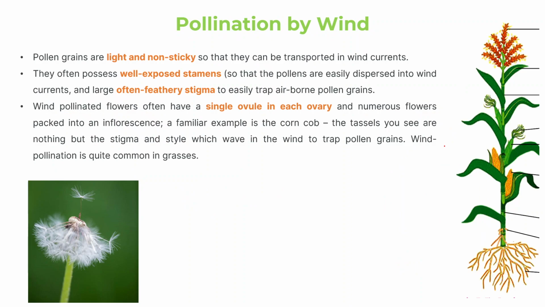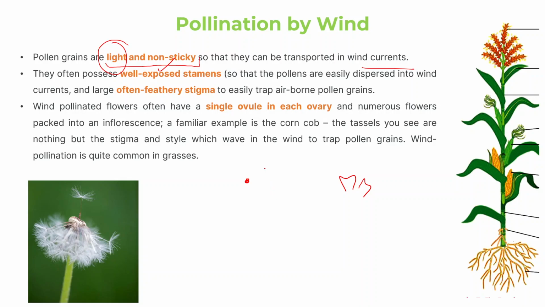Let's see, pollination by wind. What happens when pollination occurs by wind? Pollen grains are very light and non-sticky, so they can be transported in wind currents. They do not need to be very heavy because wind will carry it. For wind to carry it, it needs to be light and also non-sticky.